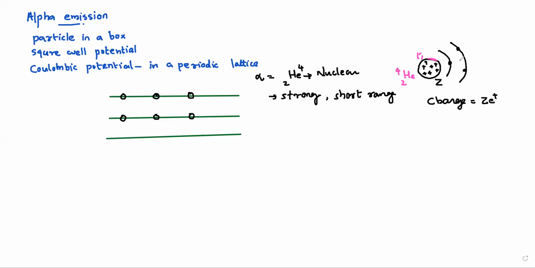Here the attraction extends approximately up to the nuclear radius. So up to the nuclear radius there is an attractive force. That means these protons are bound together within the nucleus up to the radius of this nucleus.